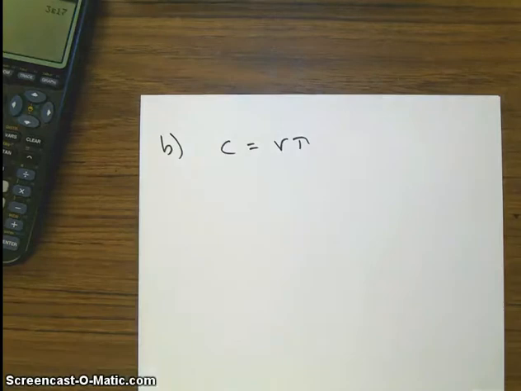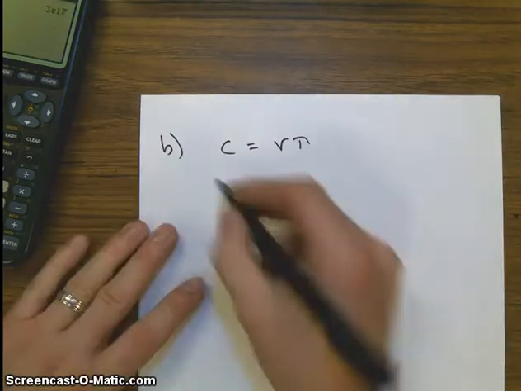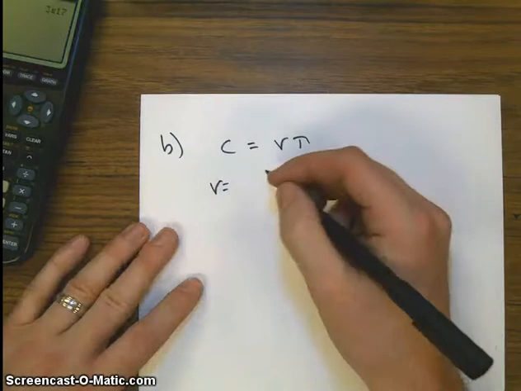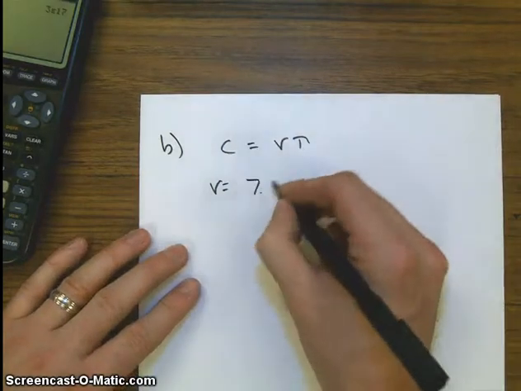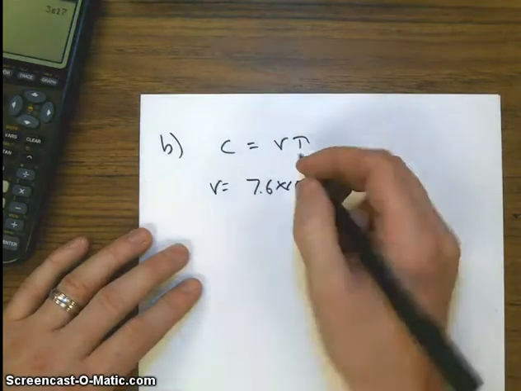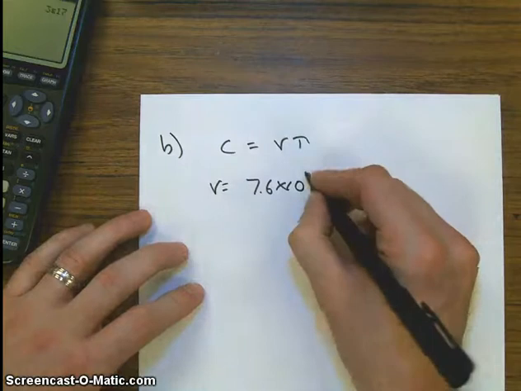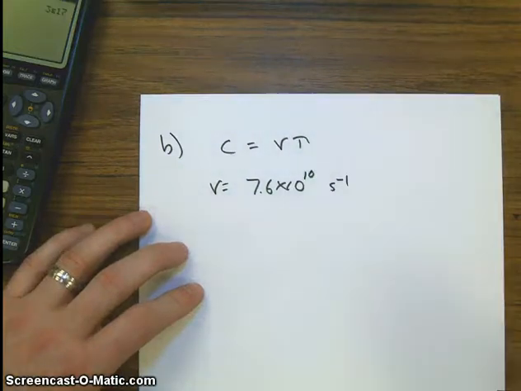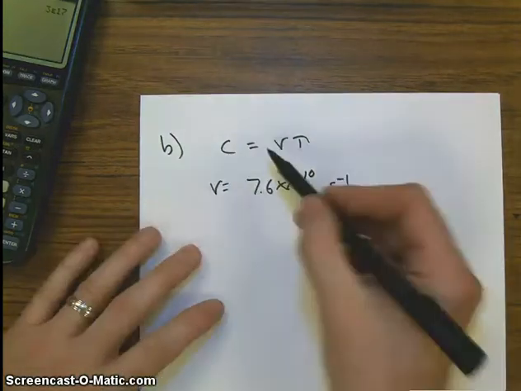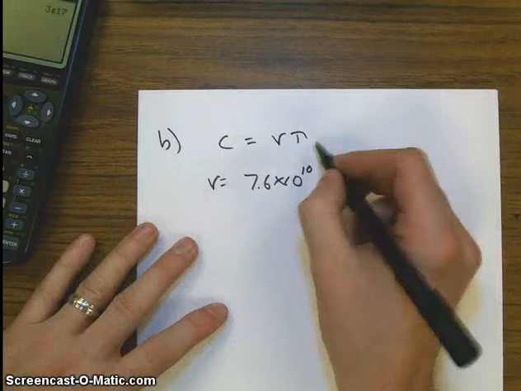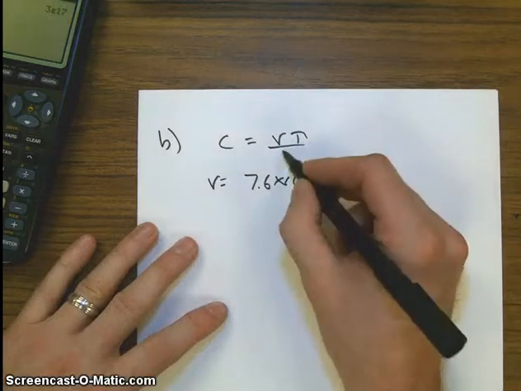That's what it always is. They tell you the frequency in inverse seconds, which is 7.6 times 10 to the 10th inverse seconds. Now I have to solve for wavelength, so I'm going to rearrange this equation and get wavelength by itself.